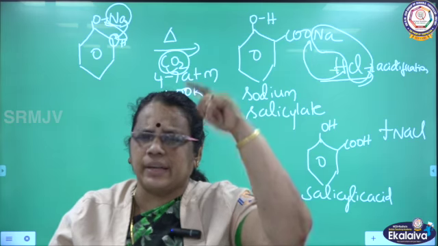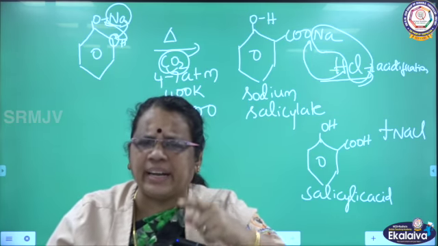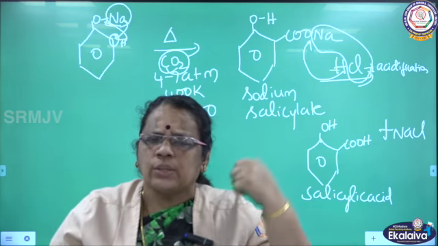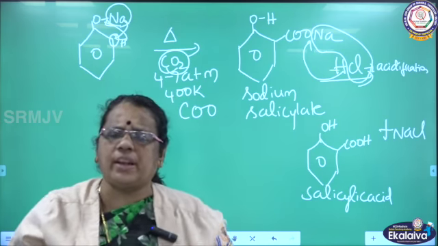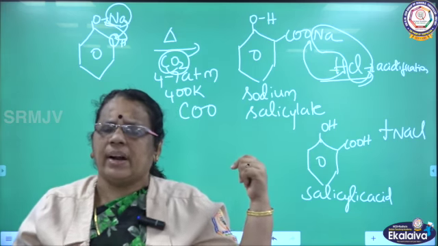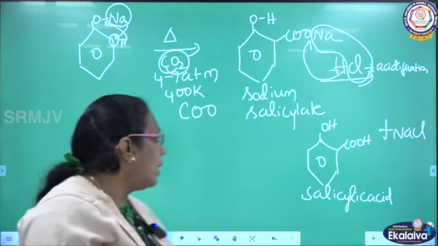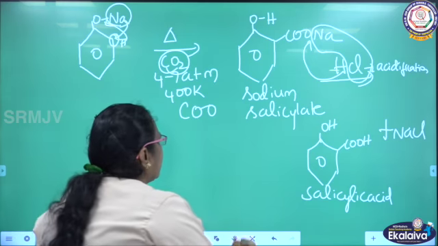This Na is removed and attached to the carbon dioxide, which I am writing as COO. So COO is added to Na. It becomes COONa, attached at the ortho position. So here I am getting a compound called sodium salicylate, which is a salt.